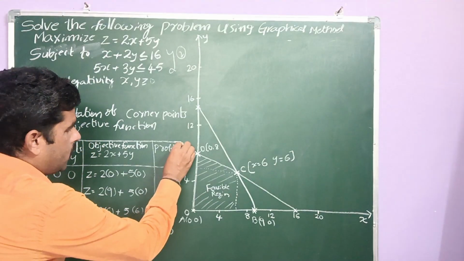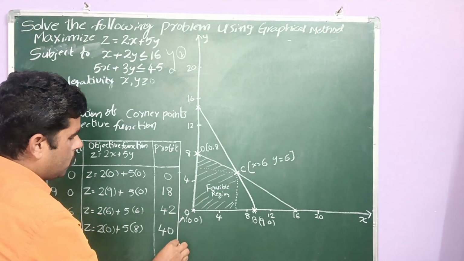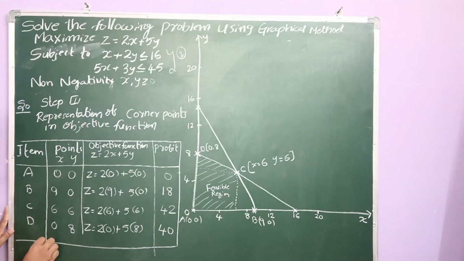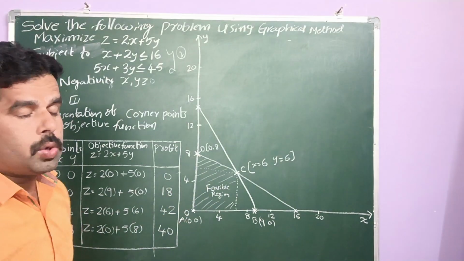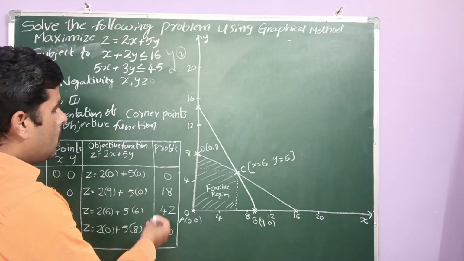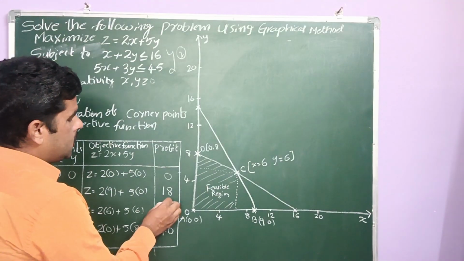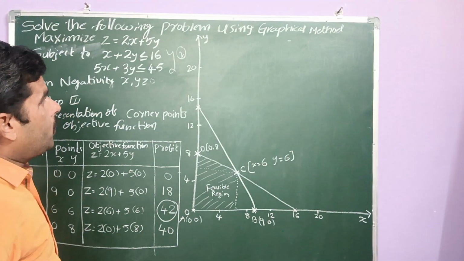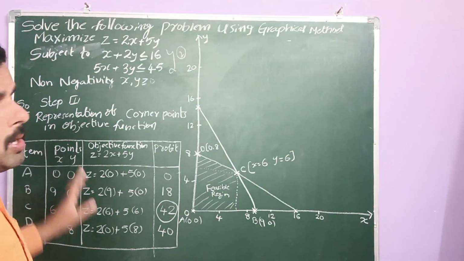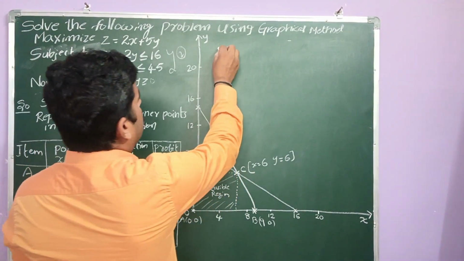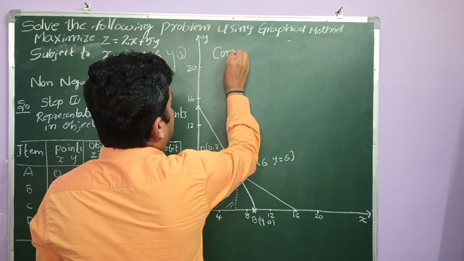Okay, so by observing these profit values in the feasible region, if we stay in this feasible region, the profit we are going to earn is 42. So this is the profit point. After completion of this, in step number 3 we simply write a small conclusion. What is the conclusion? The conclusion is important here.